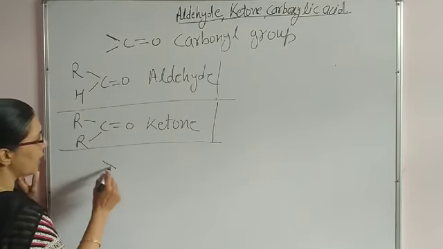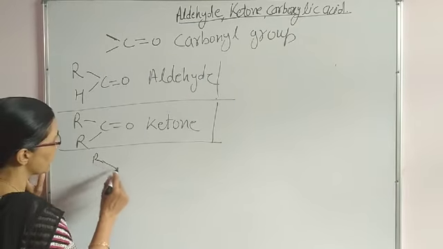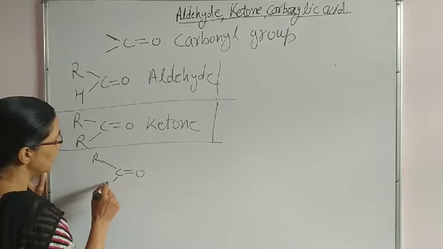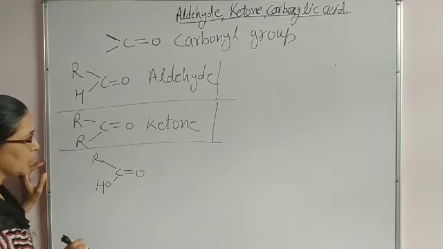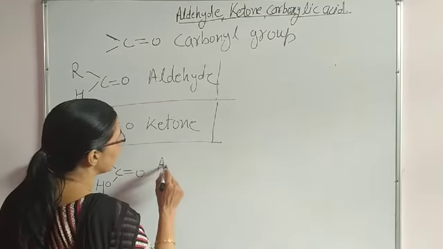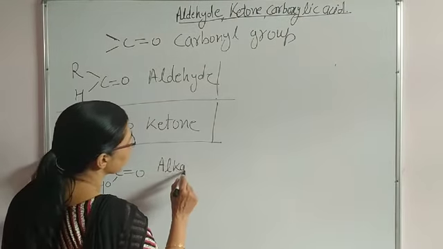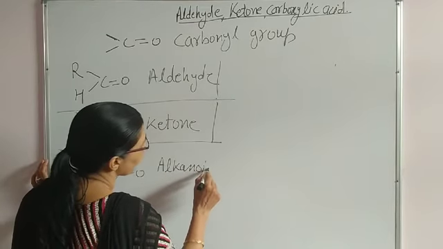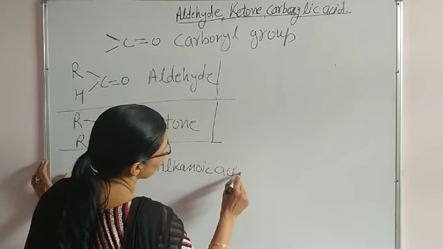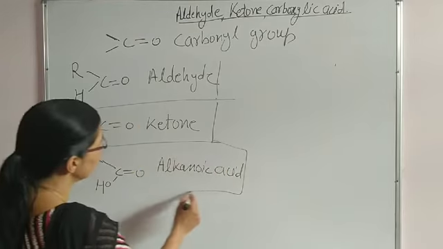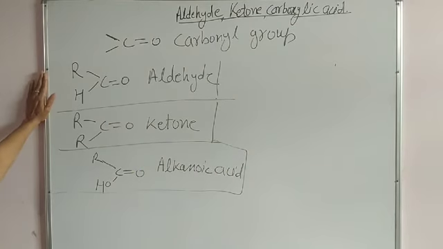Suppose one alkyl group and the other one is OH group, then it is known as carboxylic acid. So these are the major functional groups.